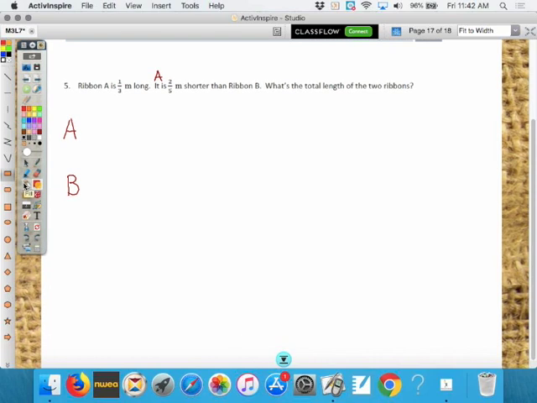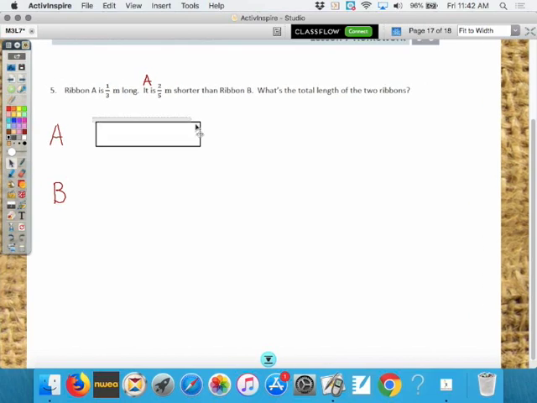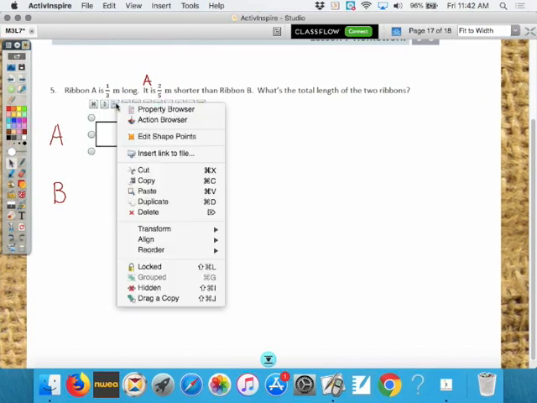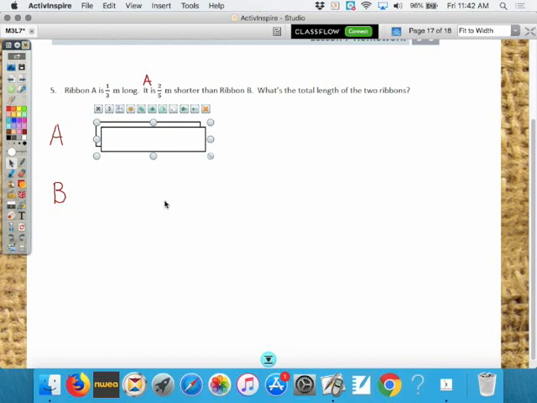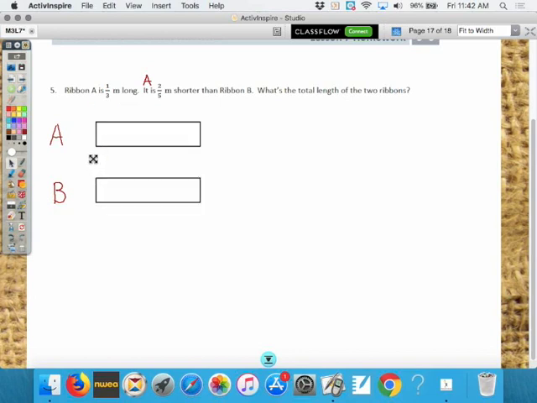So again, I'm going to make two tape diagrams that are the same length. And I know that A is 1/3 meter long.